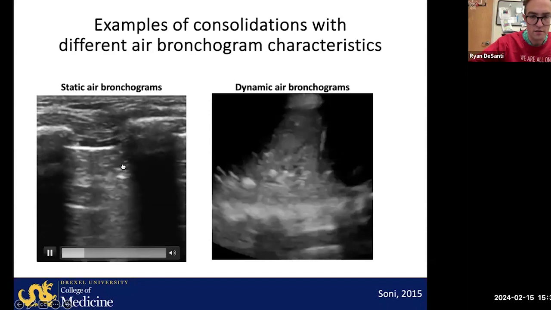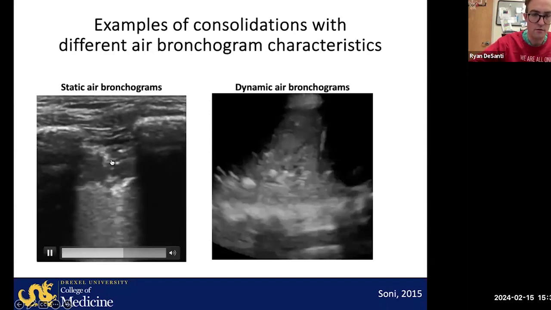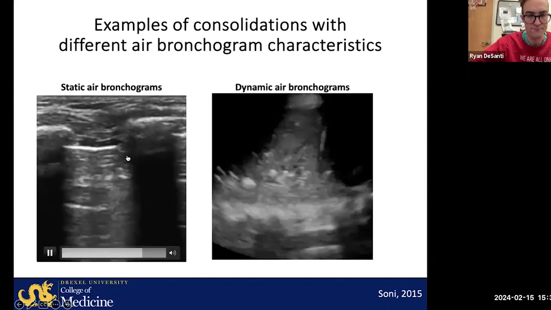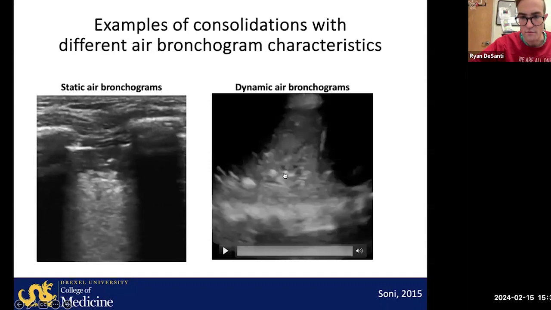And so we can see in this example, there are air bronchograms up here, but they move with the lung. And then in this example on the right, we'll see air bronchograms which are arising from this region and moving towards the ultrasound probe as the lung descends.